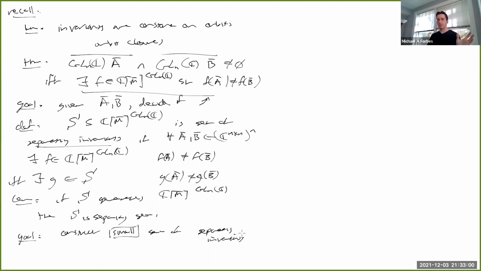But there might be many, many invariants that might be really big, and so that's not very helpful. What we want is to construct a small set of separating invariants that tell us everything we need to know about the orbit closure. And that's going to be much better than the set of all invariants.